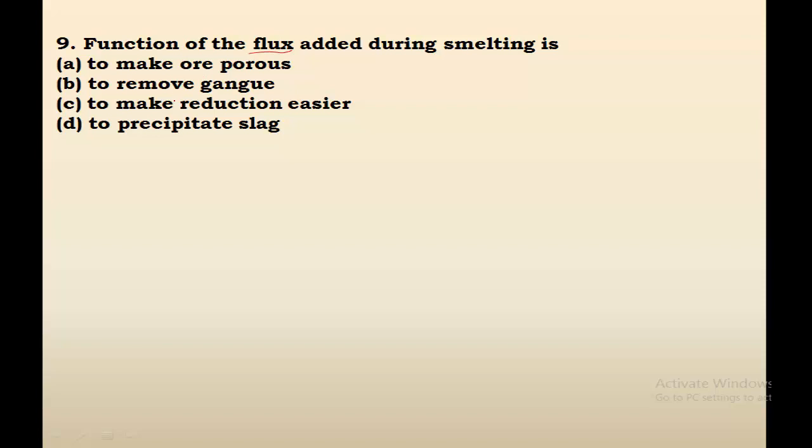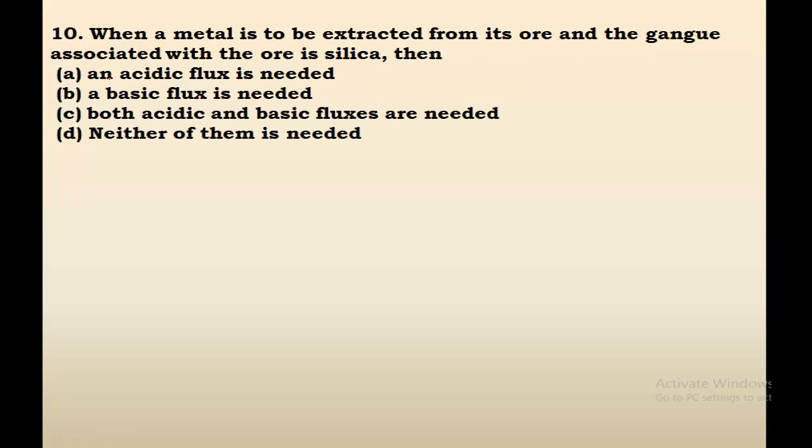It is added to remove the gangue particles, that is, to remove the impurities present in the ore. So option B, to remove gangue. Gangue means impurities, or matrix, you can say. To remove impurities, we will add flux. Option B is the right one.